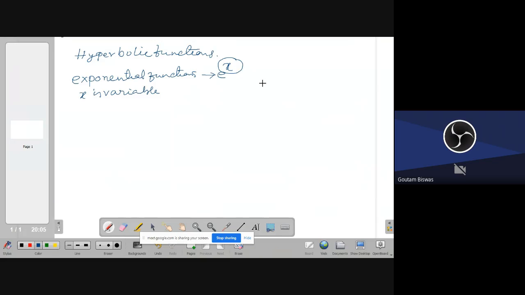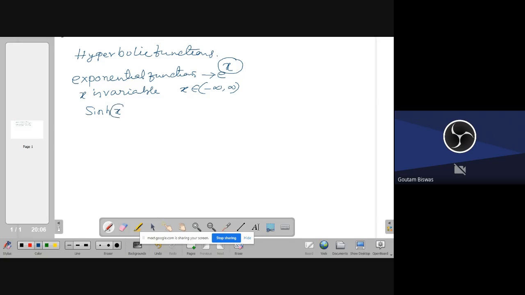Okay, x is variable. Now x can take values, so x lies between real numbers, from minus infinity to infinity. Now hyperbolic functions are written in this form: sinh, where this h means hyperbolic, and x.